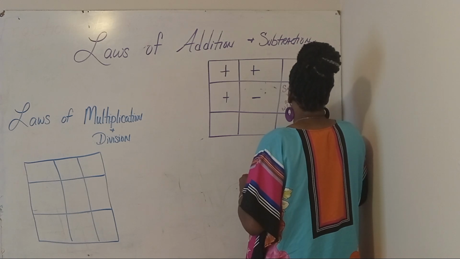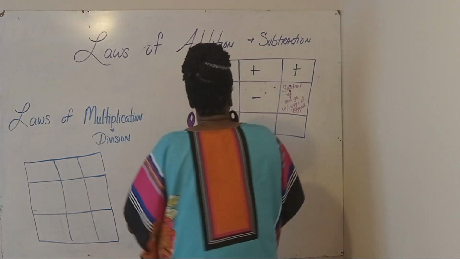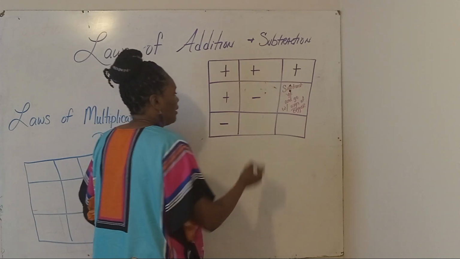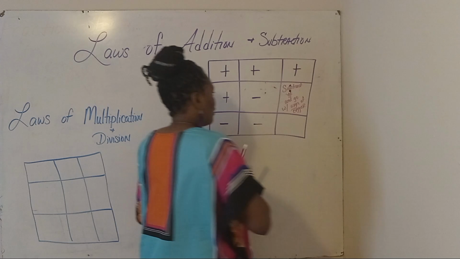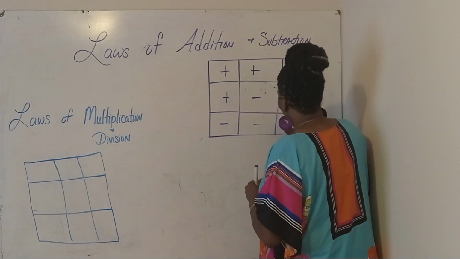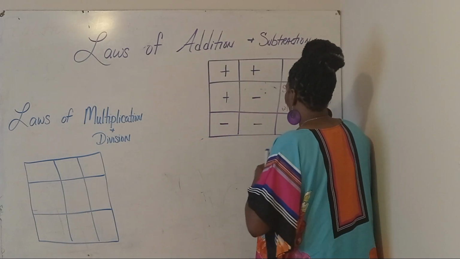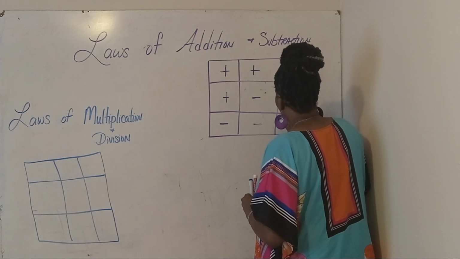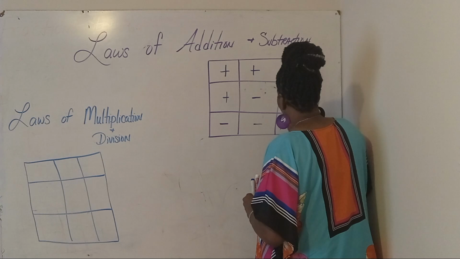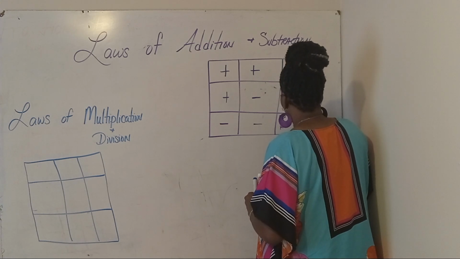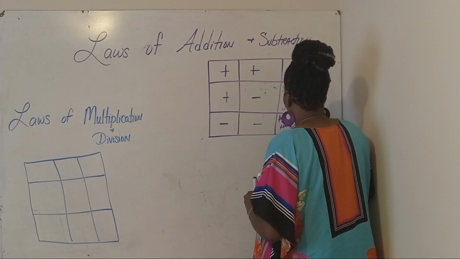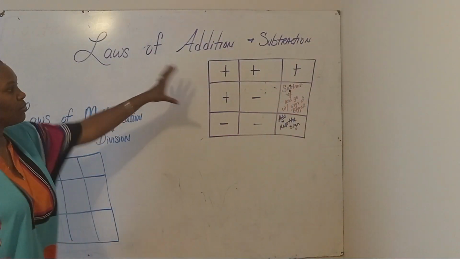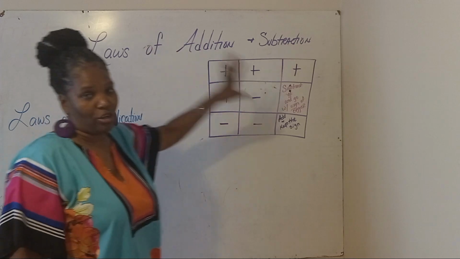I'm going to show you what I mean by that in a minute. And then if you have a negative number and a negative number, you add and keep the sign. Okay? Those are the laws of addition and subtraction.